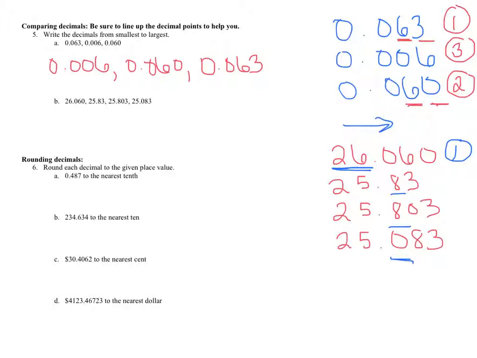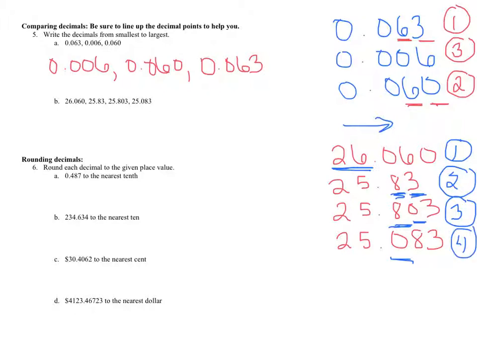I move over to my next digit for those two that have the 8 in the tenths place, and I see a 3 versus 0. So the one with the 3 would be the next largest. The one with the 0, well, the 8, 0, would be the next largest. And lastly, the 0, 8, 3 would be the smallest.